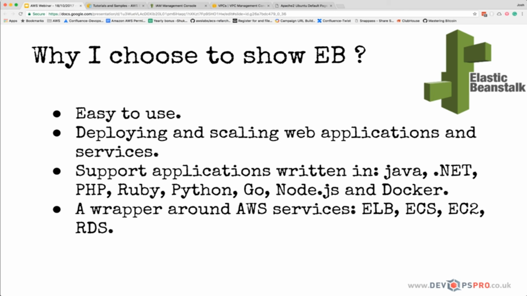Basically, Elastic Beanstalk is a wrapper around AWS core services. So we don't need to create a load balancer because Elastic Beanstalk creates a load balancer for us. We don't need to create a container orchestration framework because it uses the one Amazon has.